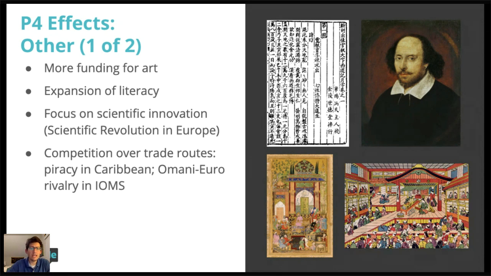Other things that we see, as European countries expand their trade rapidly, we're going to see competition over trade routes. We're going to see even conflicts develop. Piracy in the Caribbean. When Europeans enter the Indian Ocean, they're going to have a rivalry with Omani merchants and Omani traders.